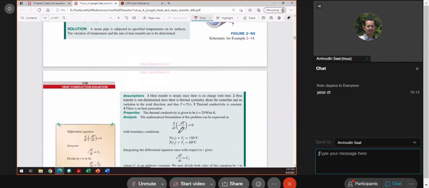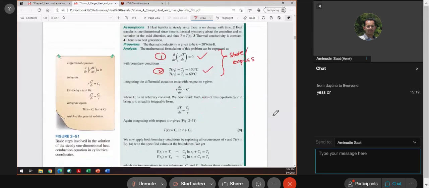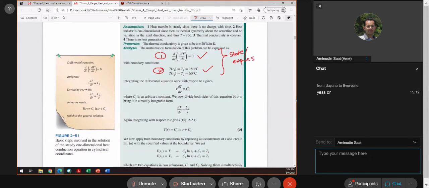See here how they express the mathematical formulation and the two boundary conditions. So this is just to state or express. You don't need to solve. Once the problem asks you to solve, this is how you need to solve the problem.